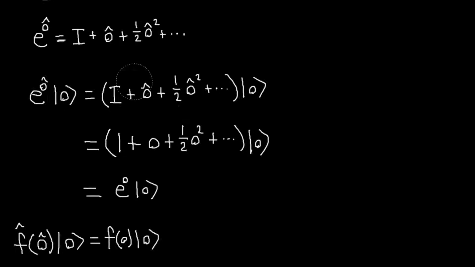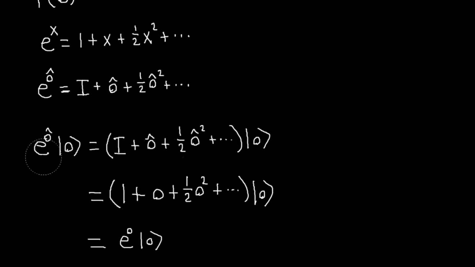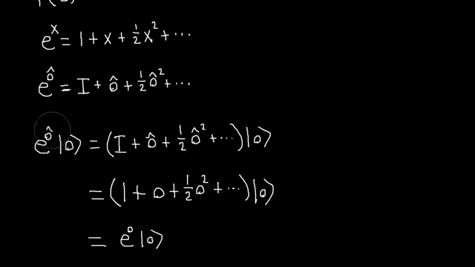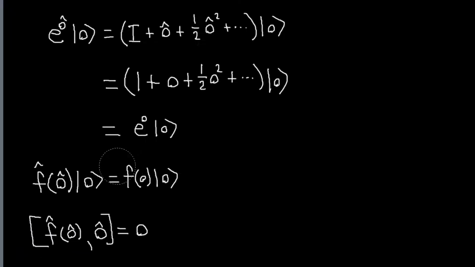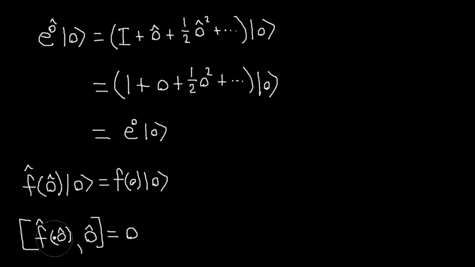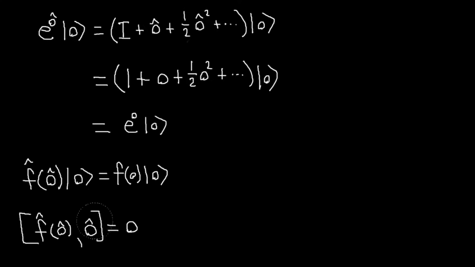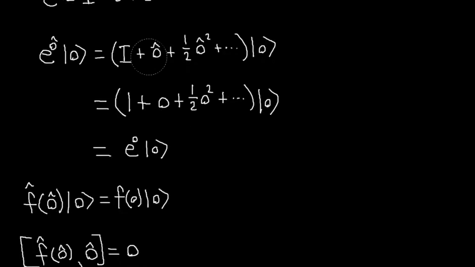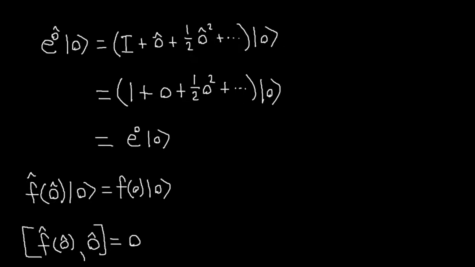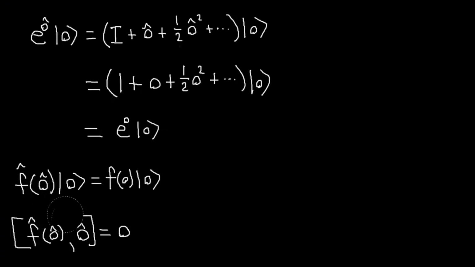So it's easy to work out functions of operators acting on eigenstates of the original operator, and it'll be very useful in the upcoming videos. Then just a little thing: the commutator of a function of an operator with the operator itself is 0. Again, you can prove that just by writing in this Taylor expansion. You'll have a bunch of terms, but an operator commutes with itself, so it would commute with all these terms, and hence it commutes with this function.